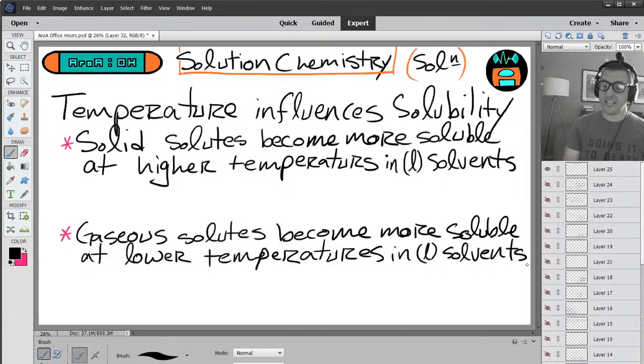So temperature affects solubility, but it affects it oppositely for gases and solids.